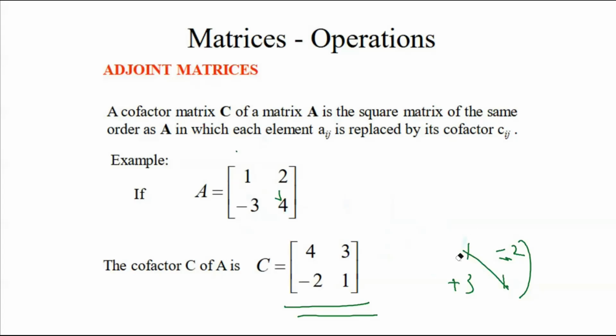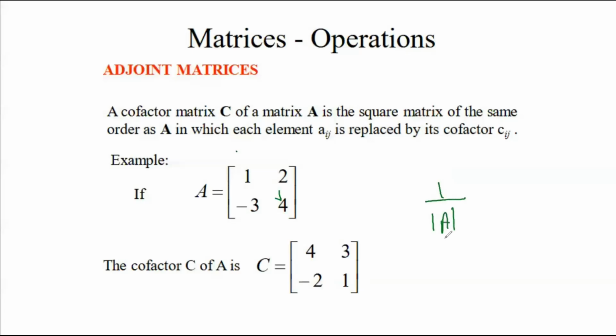So after you found the cofactor matrix, right? You actually find the transpose, and that's your adjoint. And remember, we are closer now to the inverse. Inverse is 1 over the determinant times the, right word, adjoint.